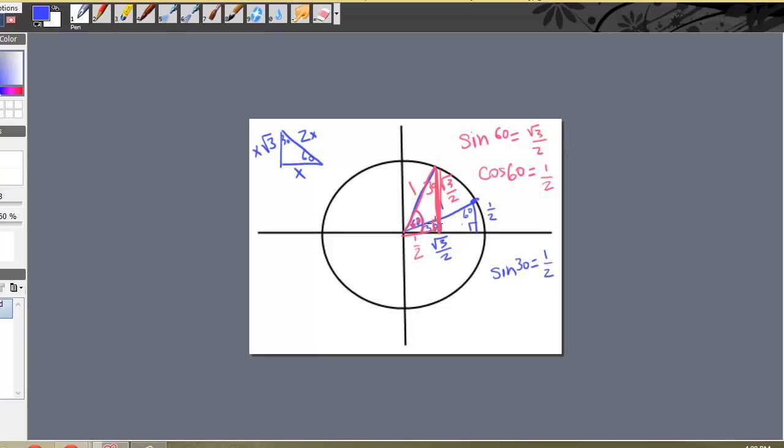And your cosine of 30 is going to be adjacent over hypotenuse, which is √3/2. Again, your sine is y, your cosine is x. Still holds true, and it will continue to hold true. And that's important because we're going to continue to practice this tomorrow. We're going to go into more detail.